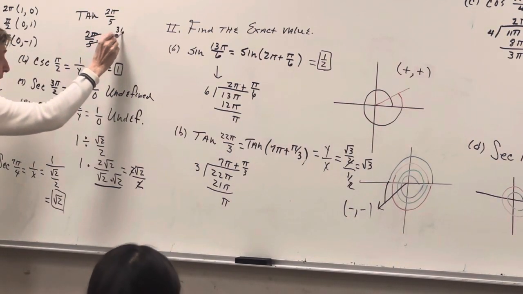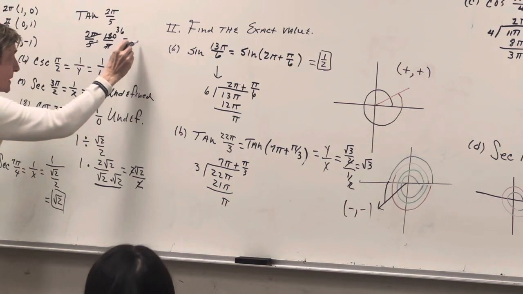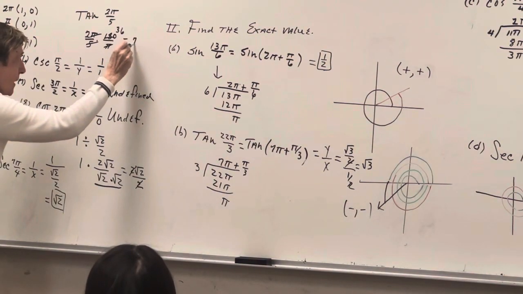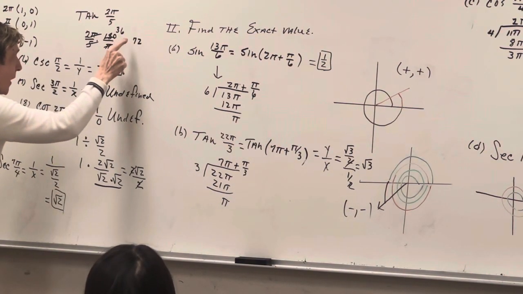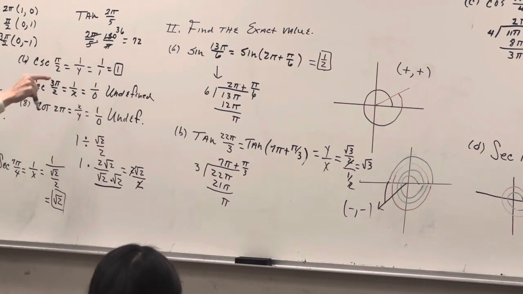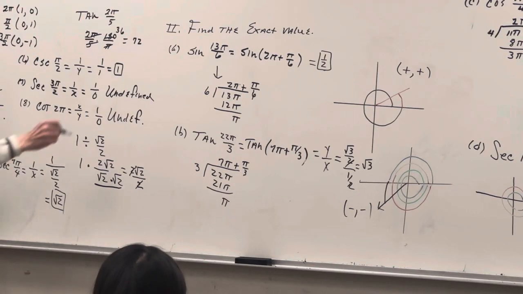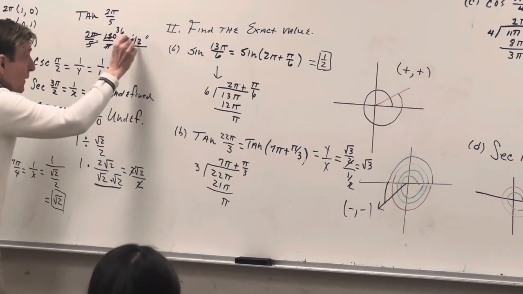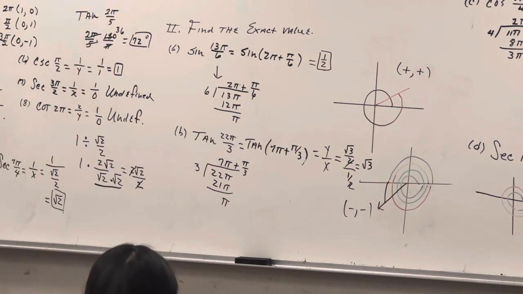And twice 36 is what? 72? Yeah, 72 degrees. So 2 pi over 5 is equivalent to 72 degrees.